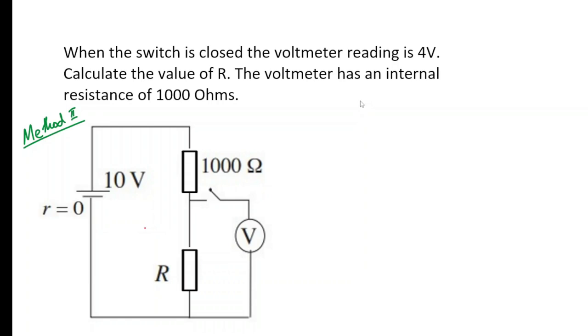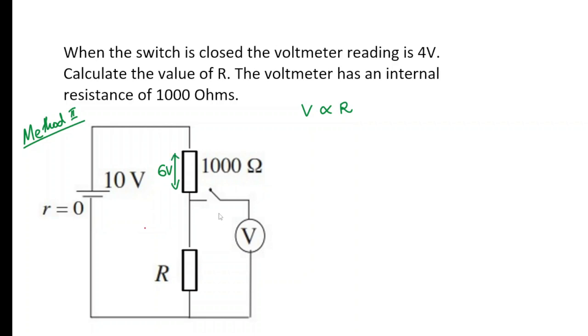In this method, we are going to discuss voltage being proportional to resistance, because V = IR. So voltage is directly proportional to resistance, and I know the voltage here is 6 volts.